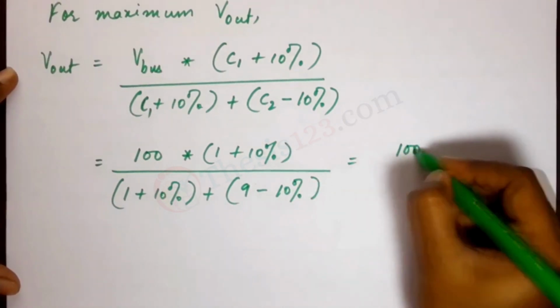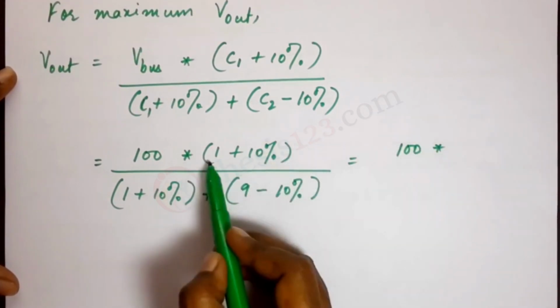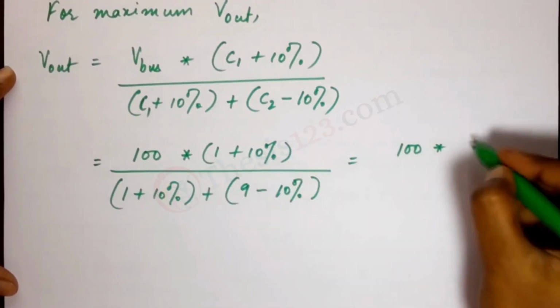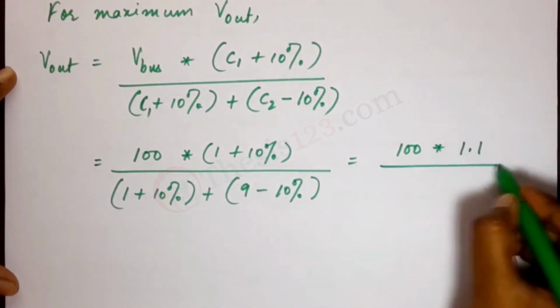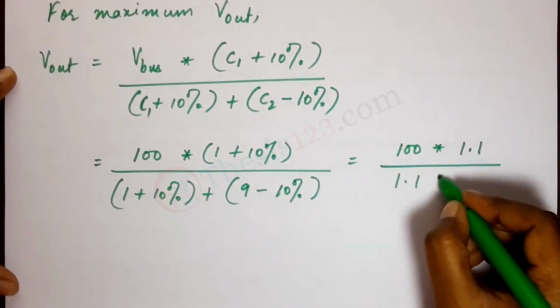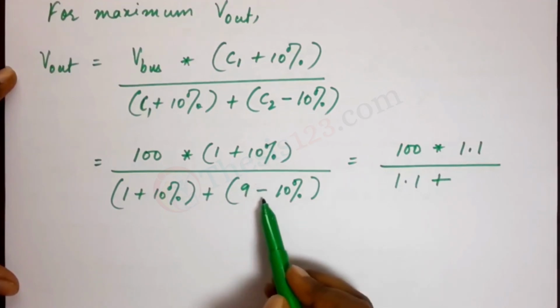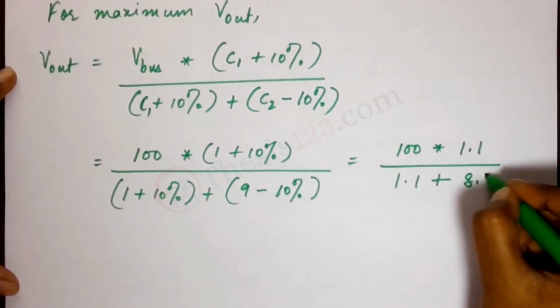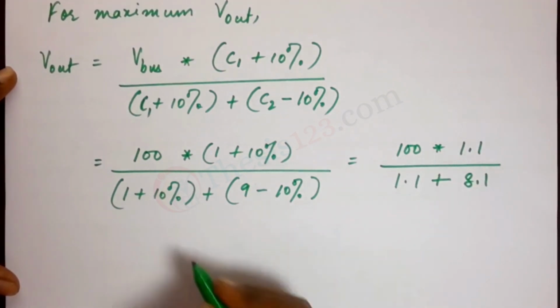That gives us 100 into 1 plus 10% of 1, which is 0.1, so 1.1, divided by 1.1 plus 9 minus 10% of 9, which is 8.1. So here we have 8.1.